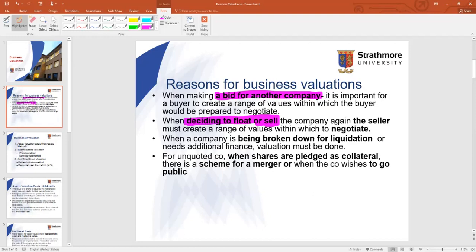Also, in case the company wants to use its shares as collateral, as security against a loan it is currently acquiring, that's another driver of you wanting to know what your value is as a business. Because if you use your shares as collateral, then in case of failure to pay, the financier will come and become a shareholder of the company.